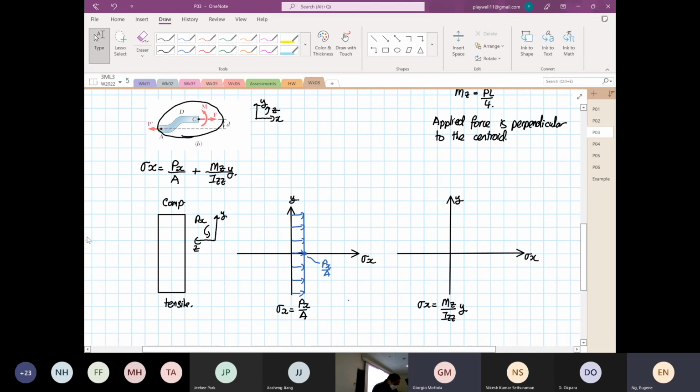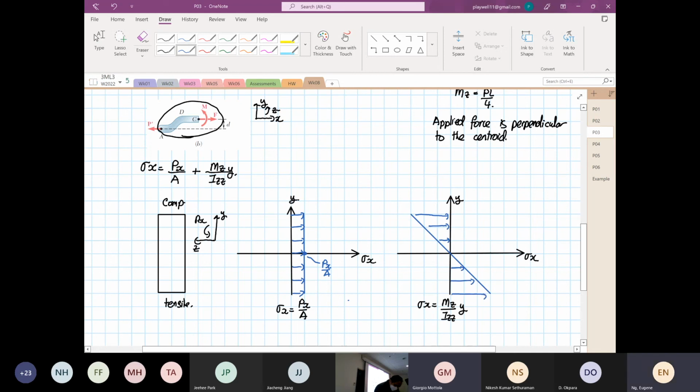Then we sketch the stress distribution again. So this is compression, and this is our tension.